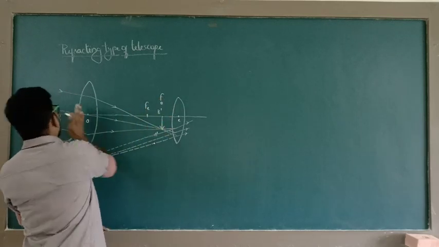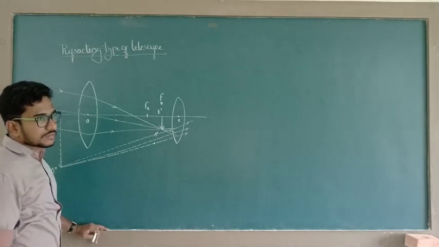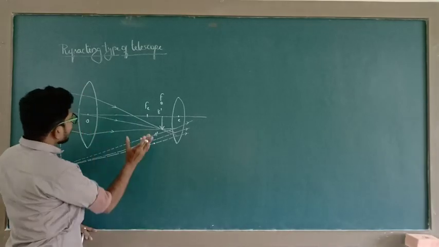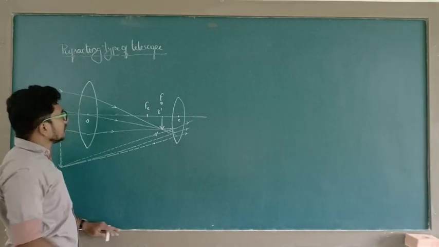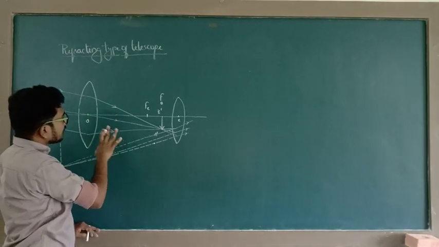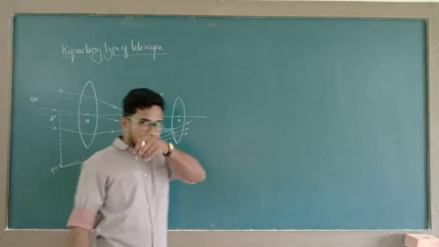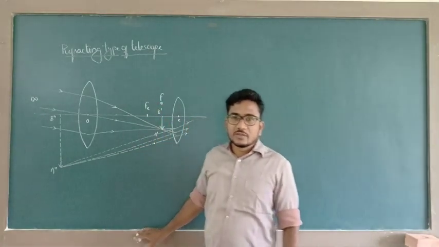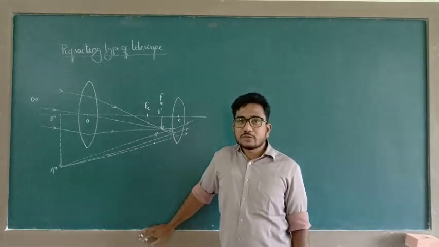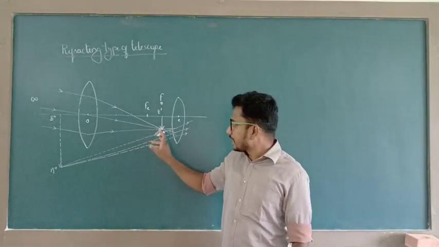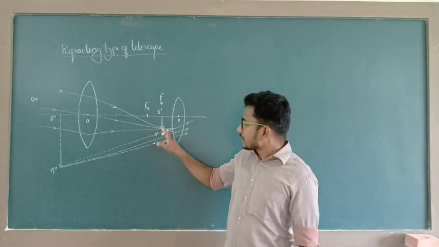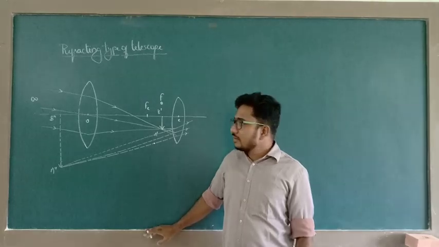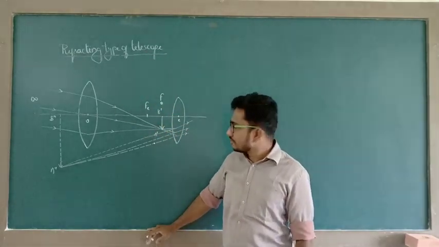So here object lies at infinity, which means in case of convex lens the image should be at principal focus. But here the direction of view is different. Here these light rays are parallel but not parallel to the principal axis. Light rays are parallel means object lies at infinite distance. So here these light rays are not parallel to the principal axis, and hence they are going to meet at this point. And this intersecting point represents the position of the image of the object. That object lies at infinite distance.